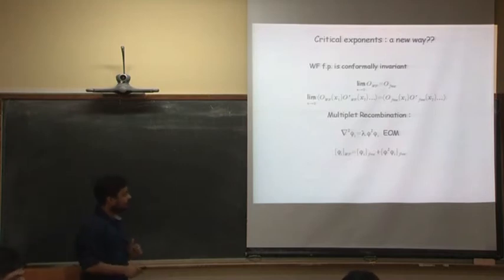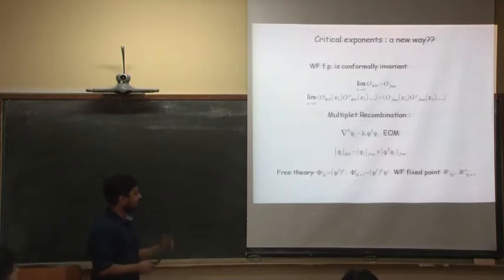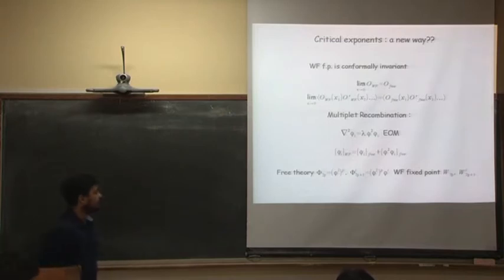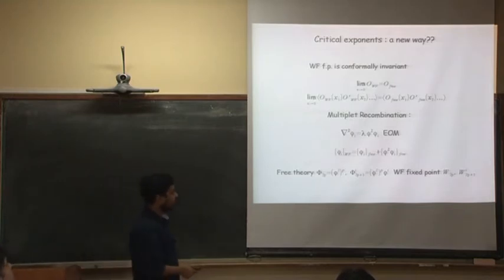So this is one thing, and I'll fix some notation. This is what Rishkov has done in his paper. The notation is that I take capital phi of 2p as phi squared raised to the power p, that's some operator, and then there's this kind of operator with some index I, and these have their corresponding Wilson-Fisher operators.